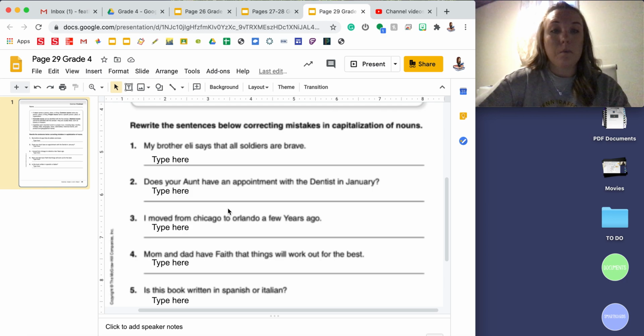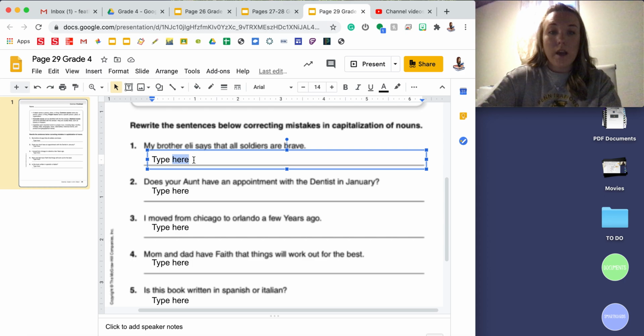Number 1 says, my brother Eli says that all soldiers are brave. I see a few nouns in this sentence. However, Eli is the only proper noun, so that is the only noun that needs to be capitalized. Because soldiers is just a common noun that does not need a capital letter at the beginning.